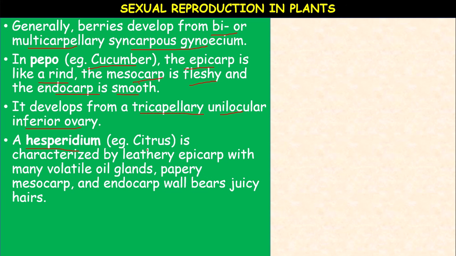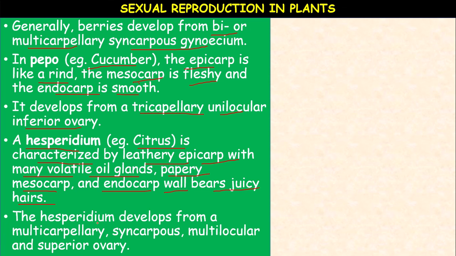A hesperidium, for example citrus, is characterized by a leathery epicarp with many volatile oil glands, a peppery mesocarp, and an endocarp wall that bears juicy hairs. Some cavities, lysigenous cavities and schizogenous cavities, are present in citrus fruits.